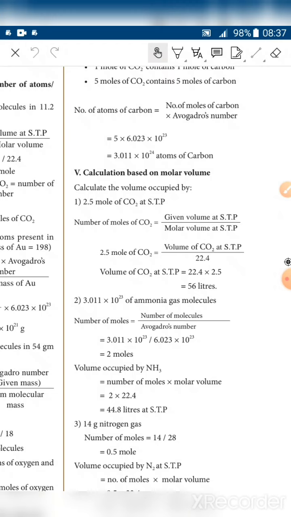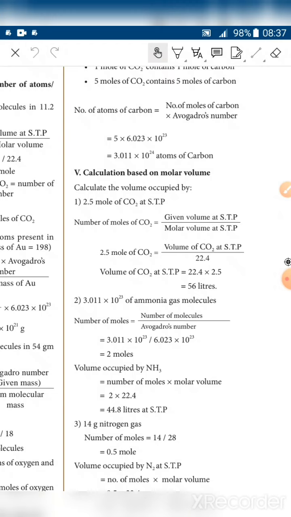All the elementary gases, gaseous substances, are in the form of molecules. Suppose it is atoms, you write the number of atoms by Avogadro number. But here ammonia is a molecule, so it is number of molecules by Avogadro number. The value for ammonia gas molecules is 3.011 × 10^23.